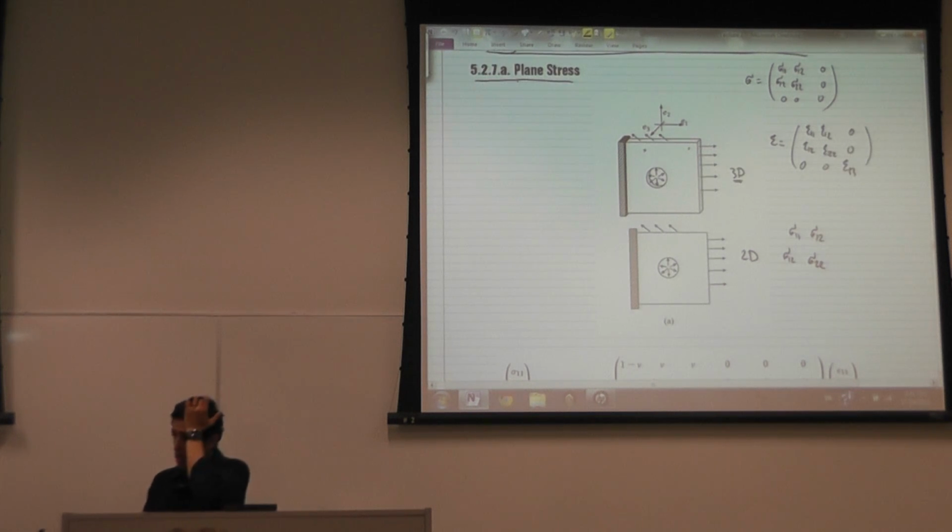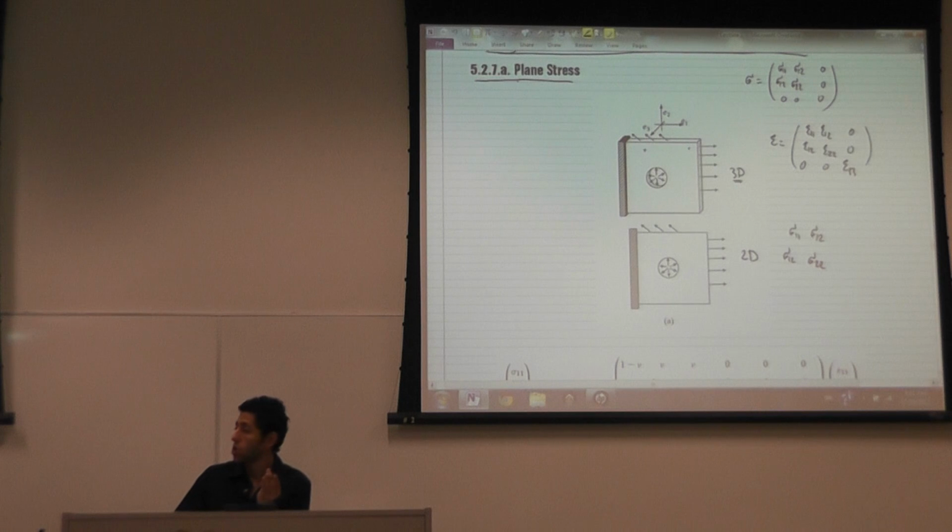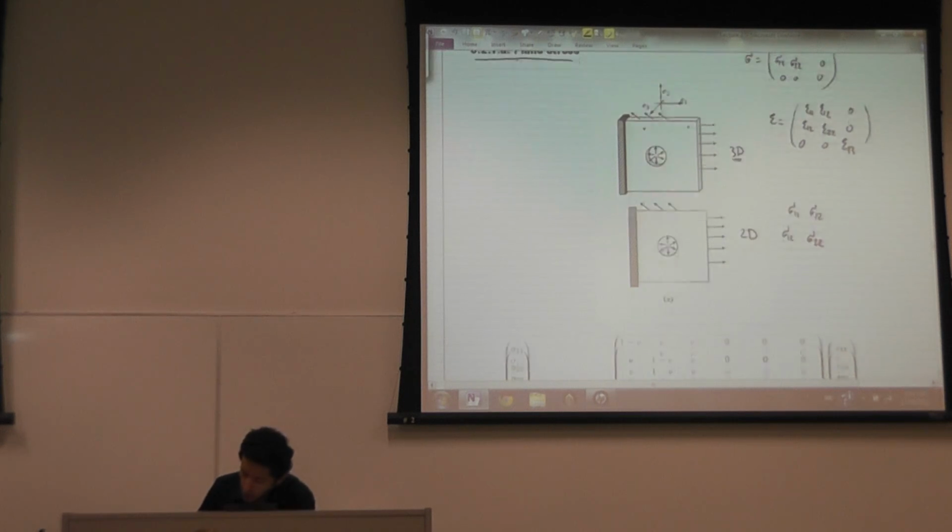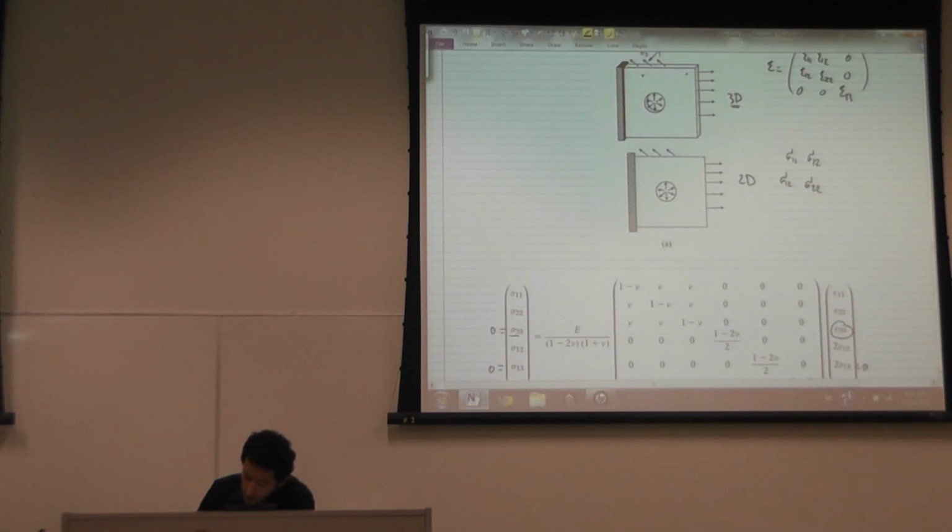It can change its thickness, it can get thinner or thicker, depending on the stresses due to Poisson's ratio. So Poisson's ratio effect makes the material increase or decrease in thickness, and so I might have a non-zero value for epsilon 3,3.